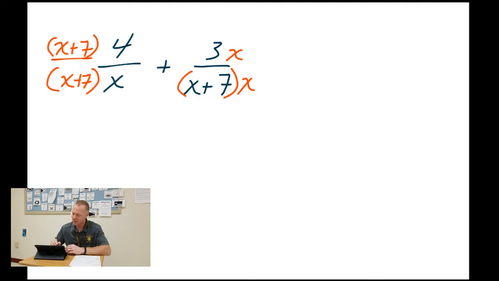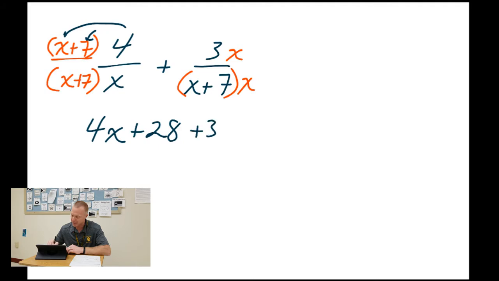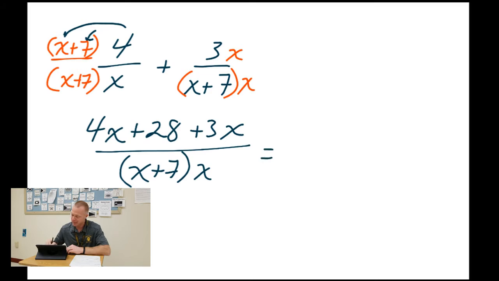Okay, so looks like we're getting ourselves ready for simplified numerators. What do we have here? 4x and 28, and of course a 3x, and we have our common denominator. So when all the dust settles, we're going to end up with a 7x and a 28, and of course that common denominator.